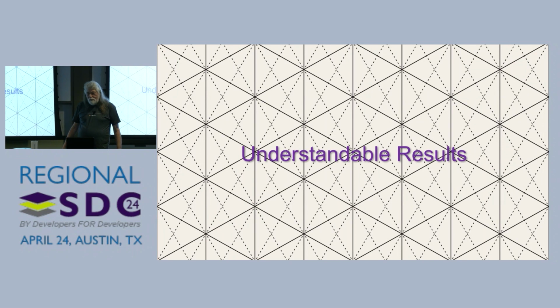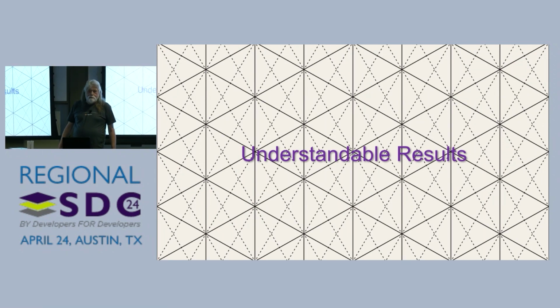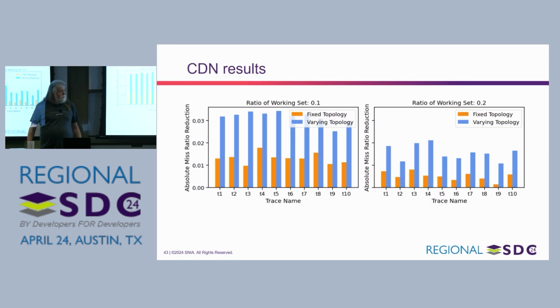The final thing that we really want to focus on is the ability to get understandable results. And typically these simulations dump stuff into a huge database, and you need somebody to figure out how to pick through that database and figure out what it means. What we've done is we've assembled a notebook of graphics libraries where you can say, for this experiment, I want to look at it in this way.